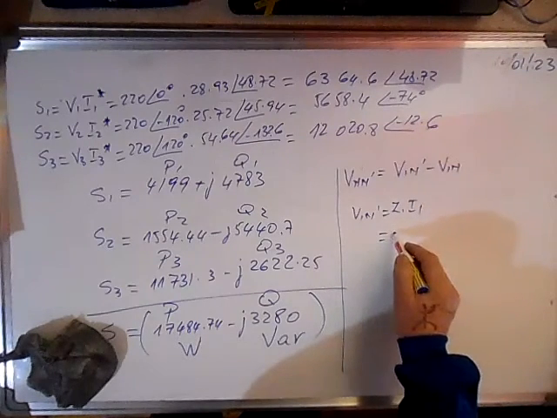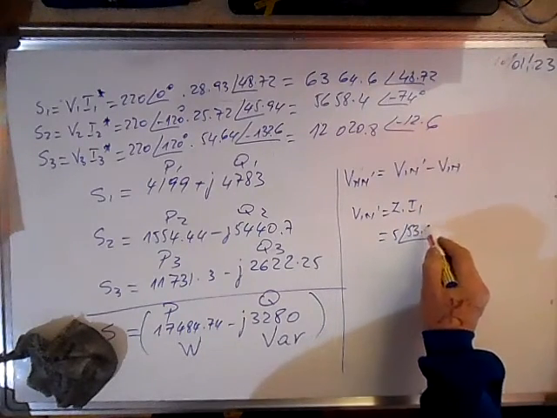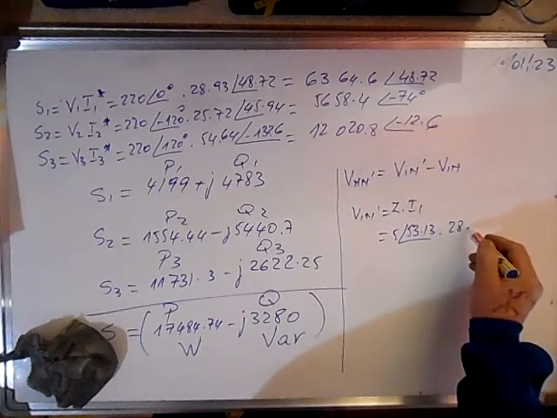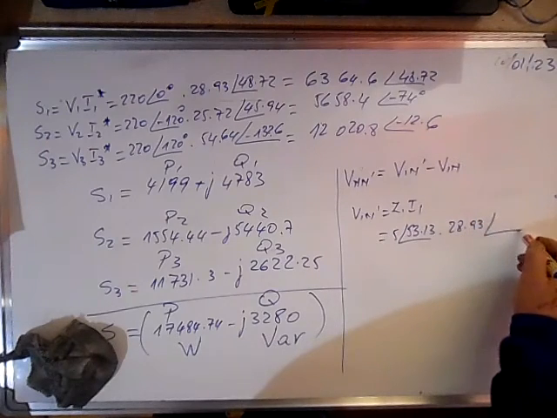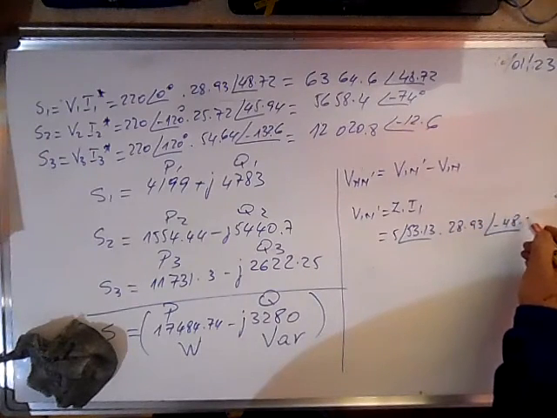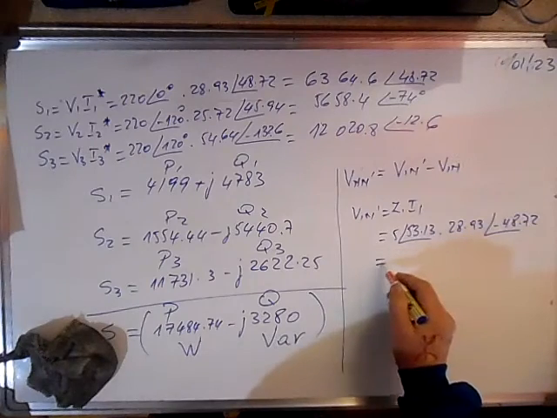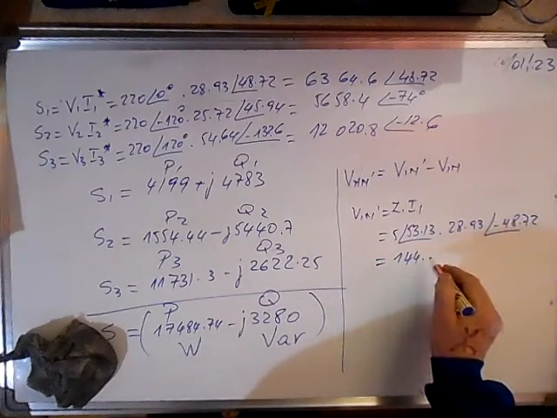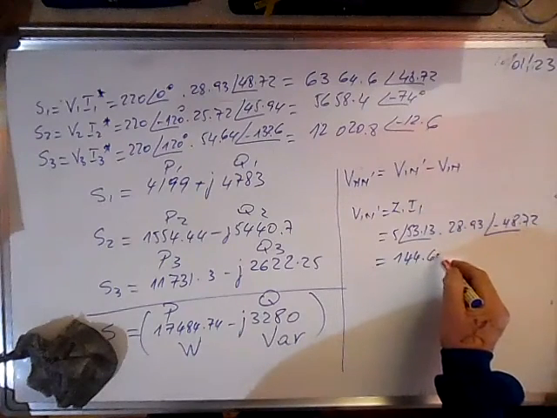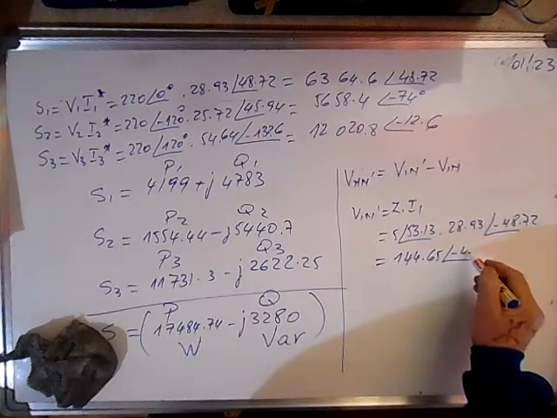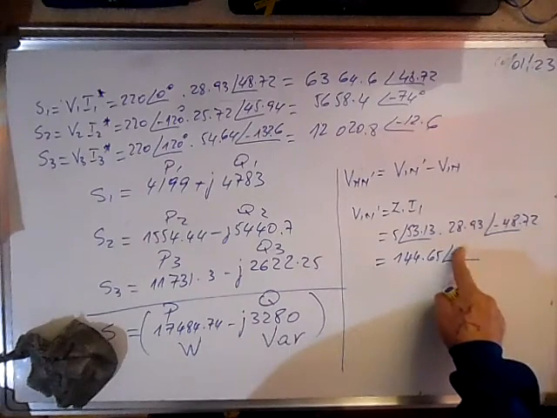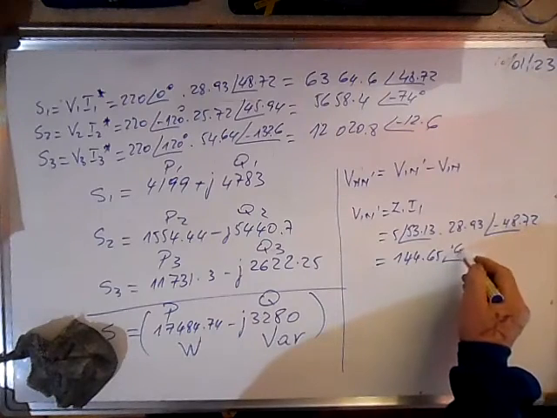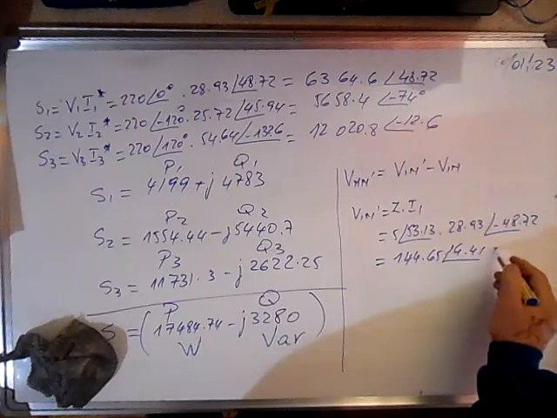Z1 is 553.13 times I1, 28.93 at minus 48.72. That will give us a voltage of 144.65 at plus 4.41 degrees, in volts.